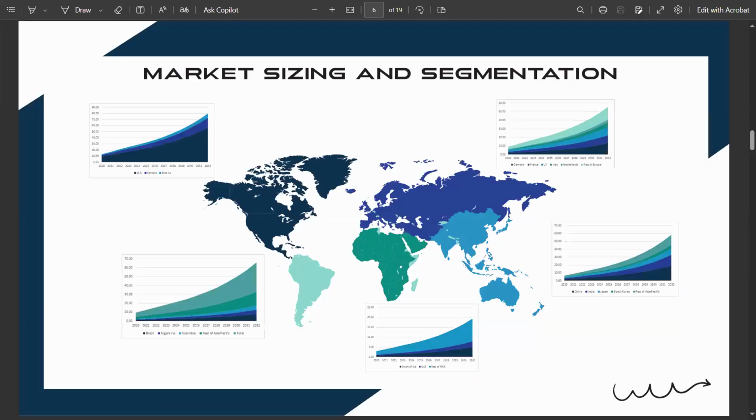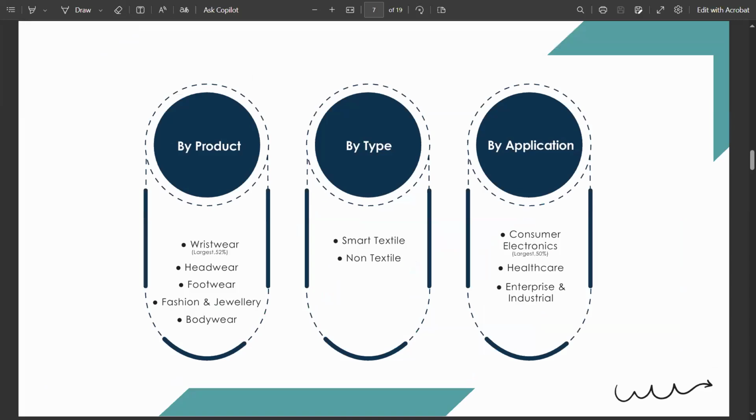Now, giving you a peek about market sizing and segmentation, I will first walk you through the segmentation of our report on wearable technologies. Again, the scope does not limit itself to the devices that are used for medical purposes only.